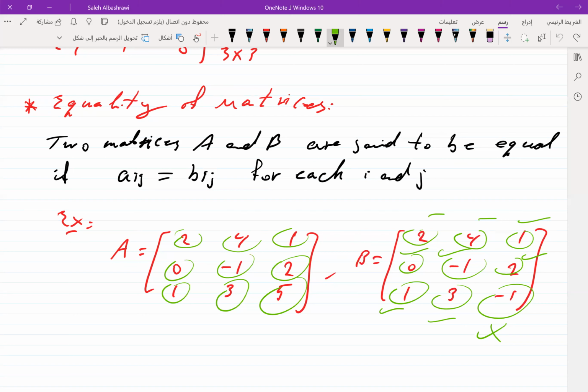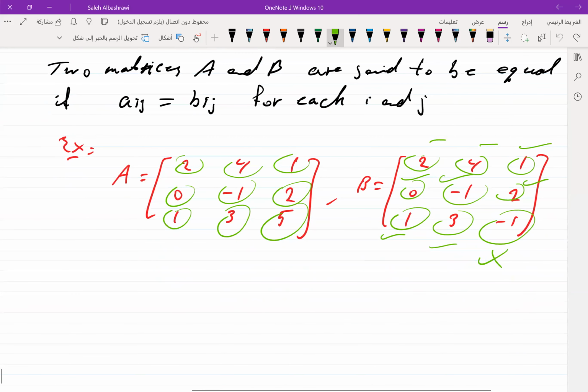The last element in matrix A is not equal to the last element in matrix B. Since not all of the elements are equal, we say that A is not equal to B, because one element in A is not equal to the element in the same position of the matrix B.